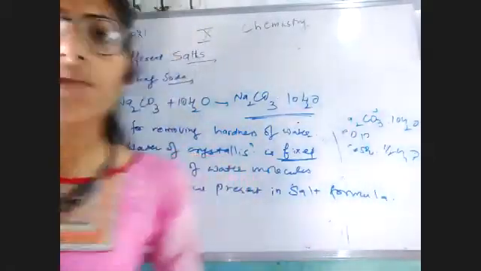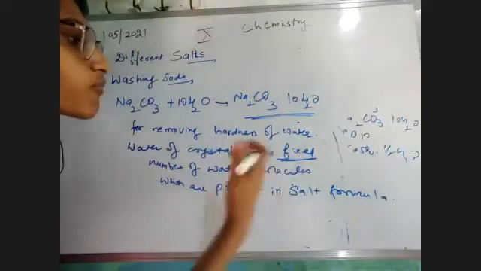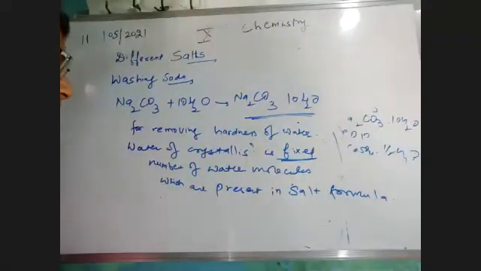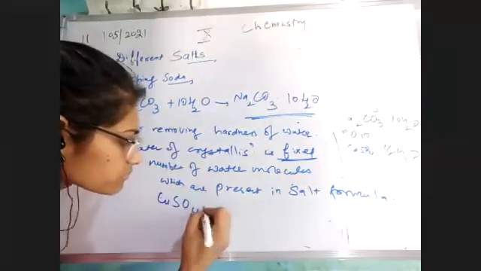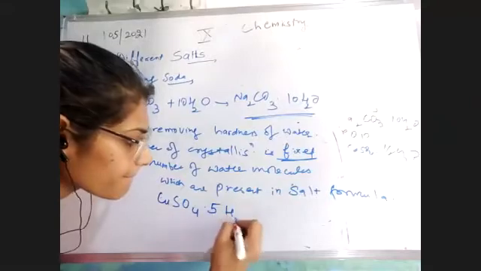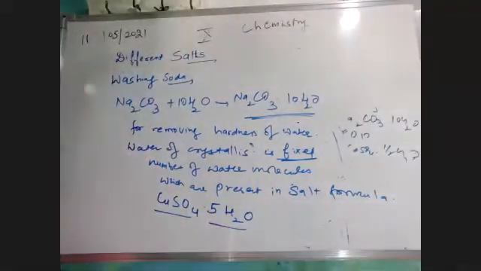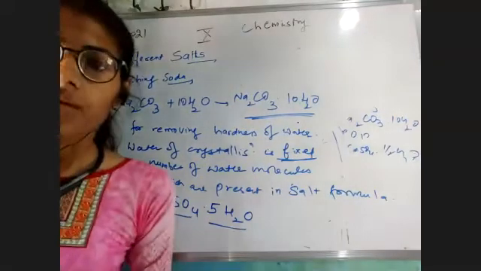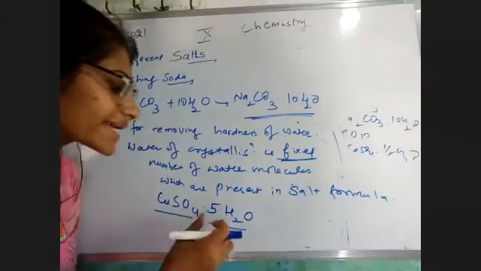Now let's see another example of water of crystallization. Let's take the example of copper sulfate. Copper sulfate with 5 moles of water is known as pentahydrate salt. Whenever I would take the copper sulfate and heat it, what would happen?